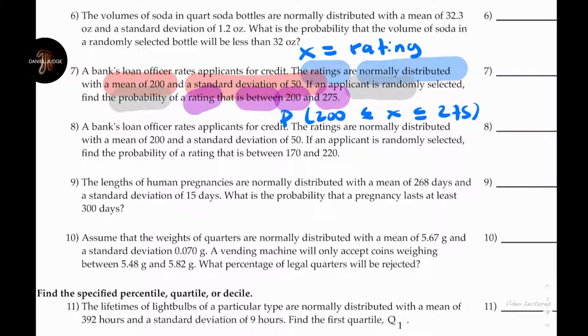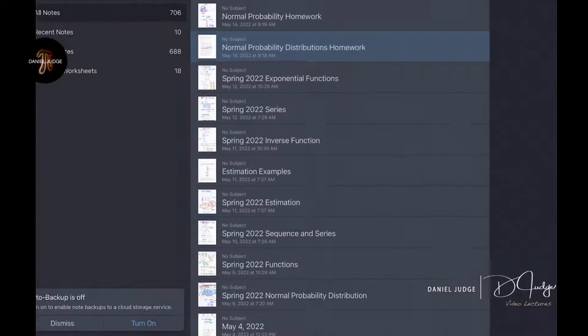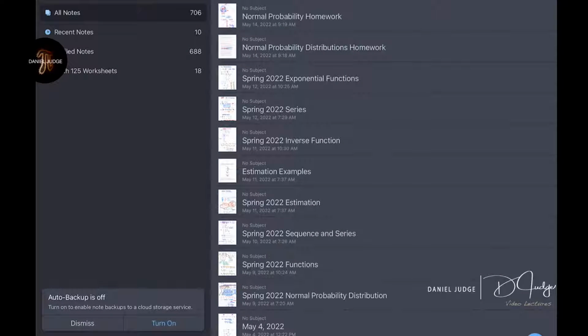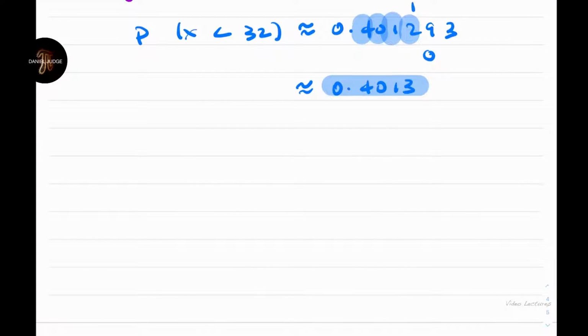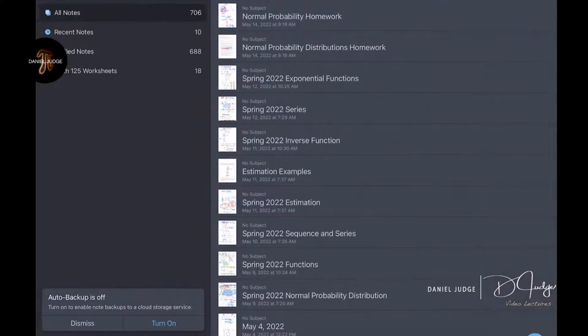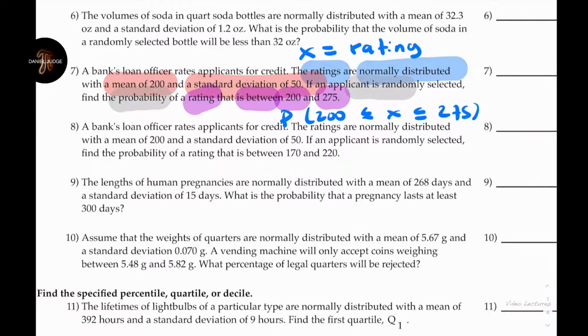This is their question. So number 7, 200 to 275. Remember, we need the mean and the standard deviation. The mean is 200. The standard deviation is 50.